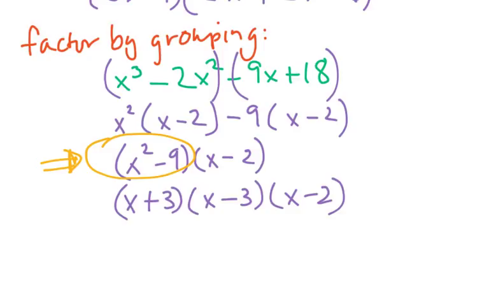So always look to see, what am I left with? Can I factor further? Because we're going to be doing a lot of multiple steps of factoring. Okay, so that's it. Please make sure this example's in your notes too, and that's it.